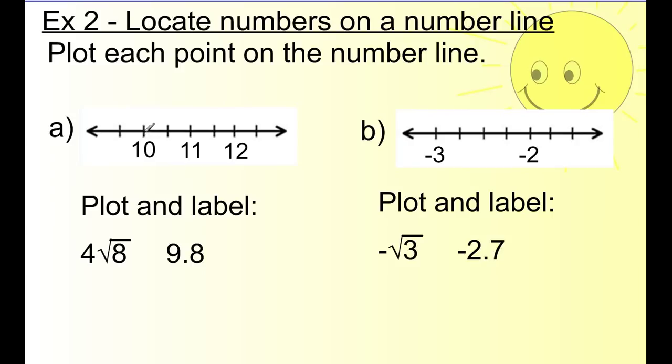Well, 10, 11, 12. So 9 something would be like, if I had another line here, it'd be 9. So 9, halfway would be 9.5. So 9.8 would be like over here somewhere. So I'm going to just make a point. It's going to be close to 10. And I'm going to call this guy 9.8.